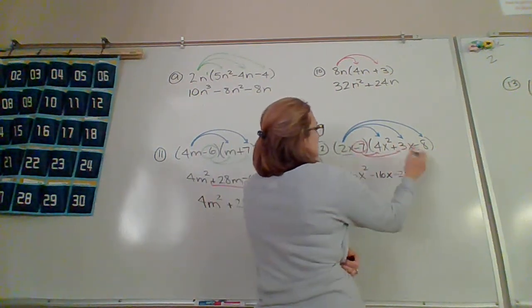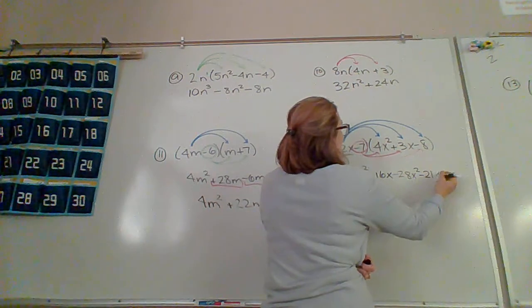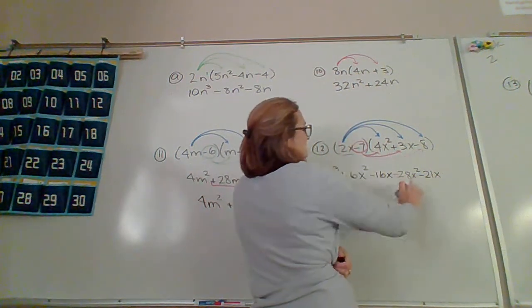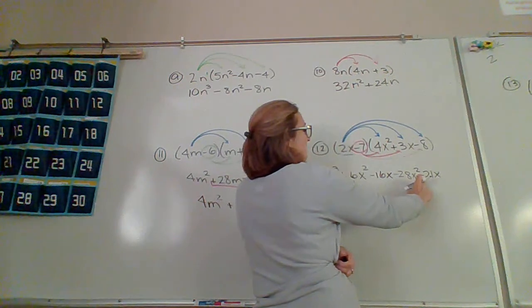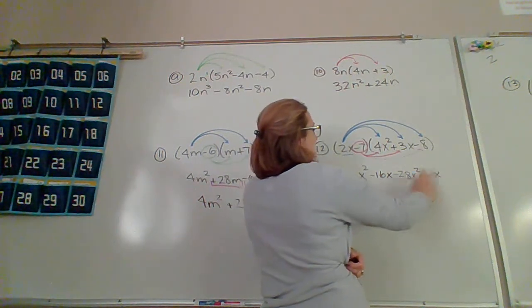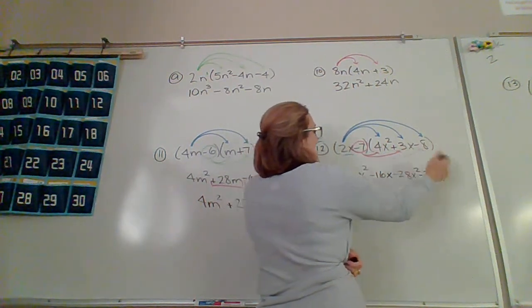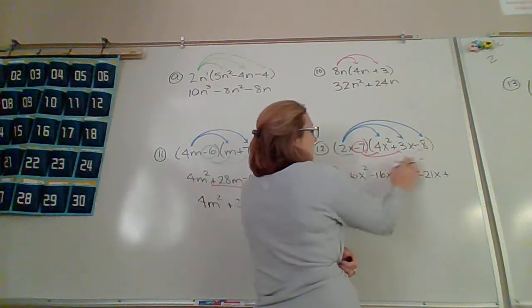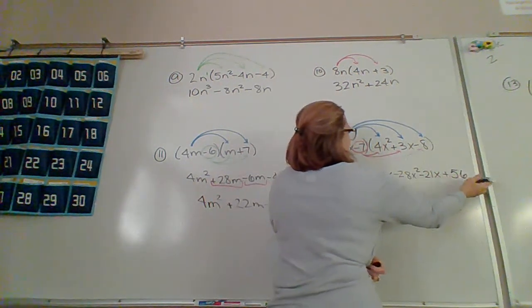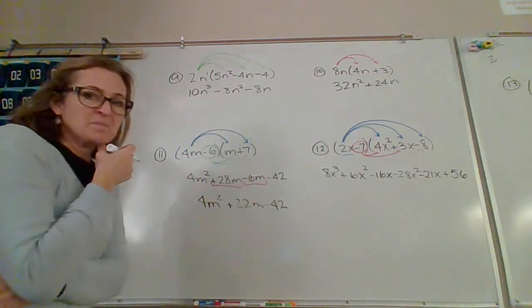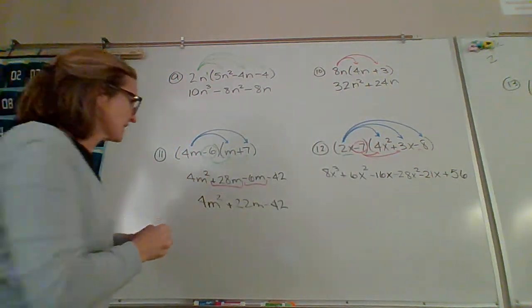Then negative 7 times 3 is minus 21x. The negative 7 times a positive 3 gives us a negative 21x. And then negative times a negative gives us a positive, and 7 times 8, we're at 56. We're almost done. All we have to do is combine our like terms.